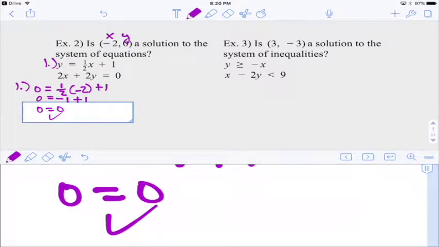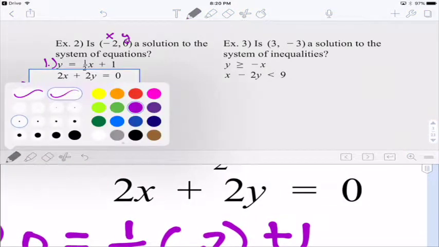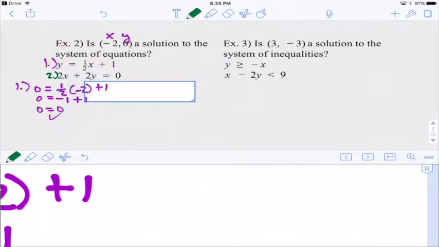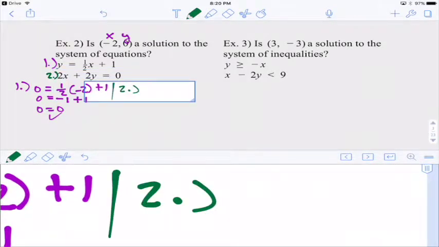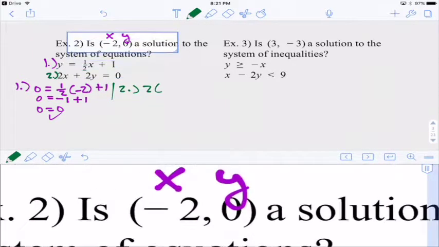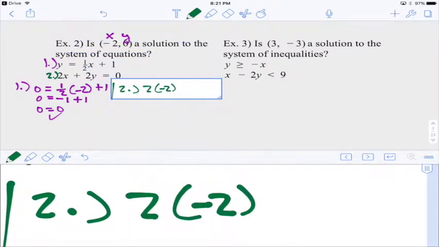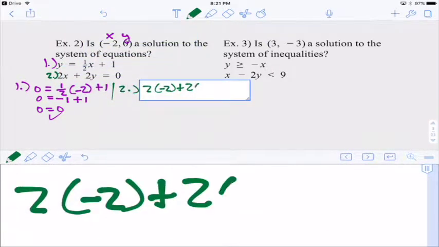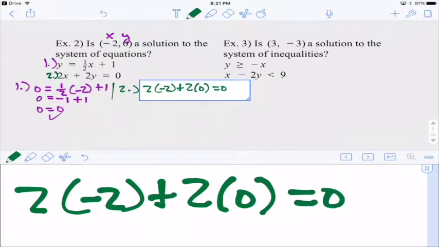That works. Now I have to check it in my second equation. So my second equation, I have 2 times my x, which is negative 2, plus 2 times my y, which is 0, equals 0.